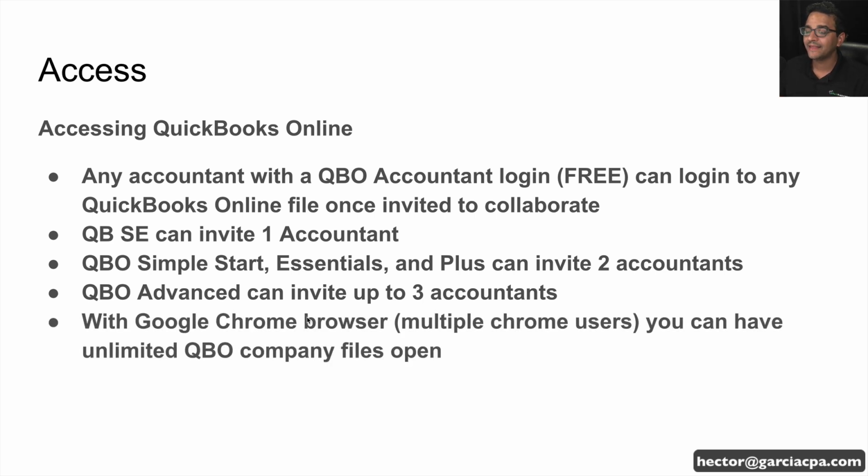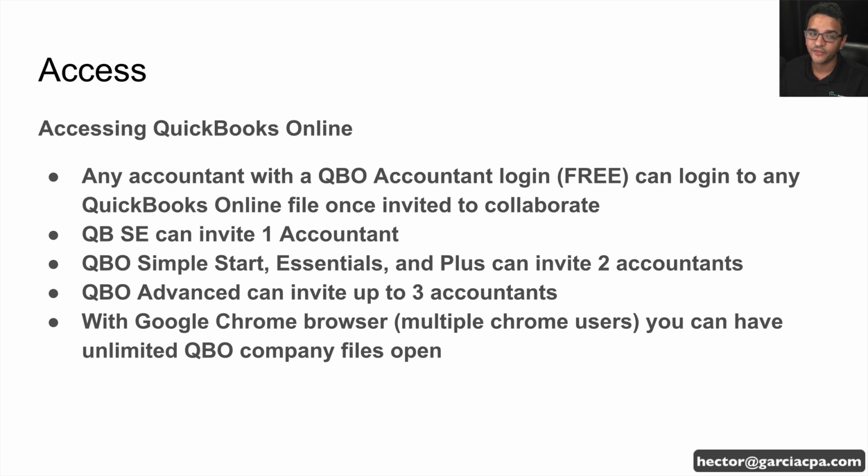Okay. And the last one is, look, if you're using the Google Chrome browser, and I have a video on YouTube that explains this process in detail, and you use multiple Chrome users, you can essentially open an unlimited amount of QuickBooks Online company files at the same time. So for example, I'm comparing intercompany transactions for a client that has 3 businesses, with money moving across all 3 companies in this weird, bizarre triangle.